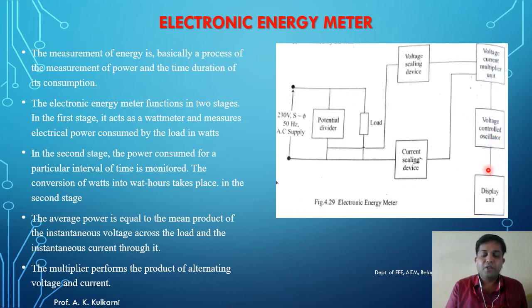In the display unit, we convert the digital value to a readable value in display format. In this way, we measure the amount of energy consumed by this load in terms of watt hour. So this is the working principle of the electronic energy meter.